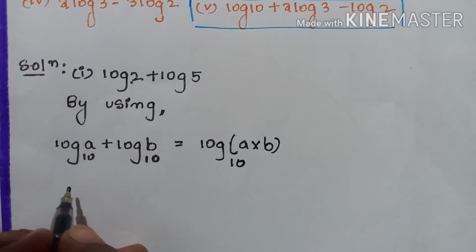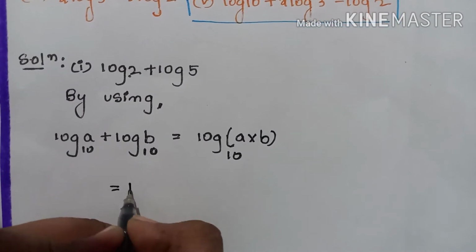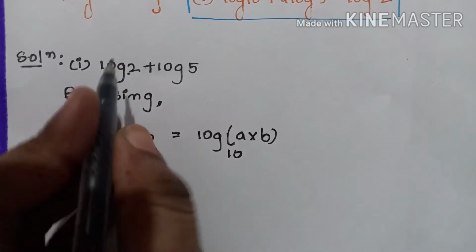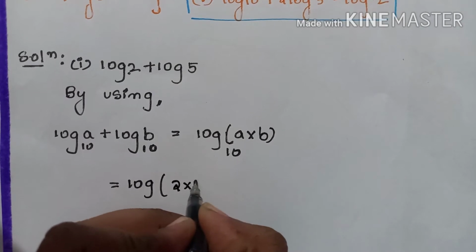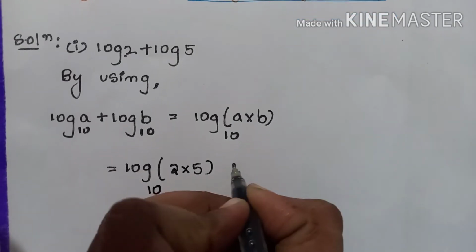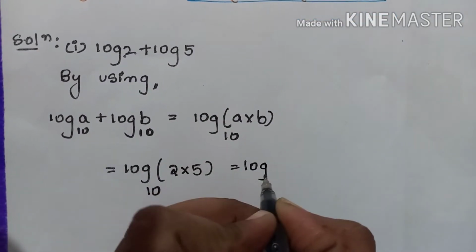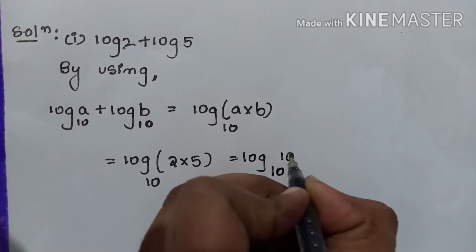So this gets log 2 into 5 to the base 10, and this gives us log 10 to the base 10.